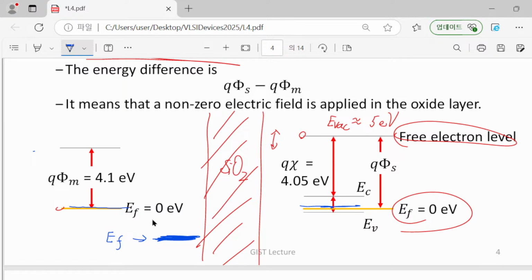If, for example, let's say that this is -1 eV, then there is a Fermi level difference. And if that happens in your p-n junction, what happens? If you apply 1 volt to your p-type region, anode region, then you will have a lot of current conduction, because this kind of Fermi level difference should be eliminated.